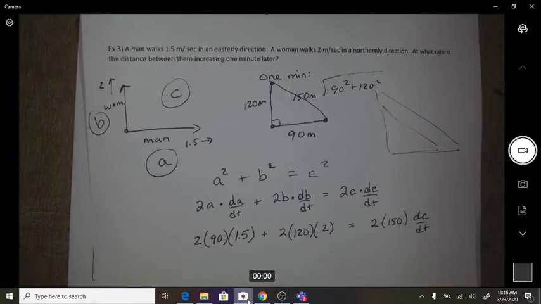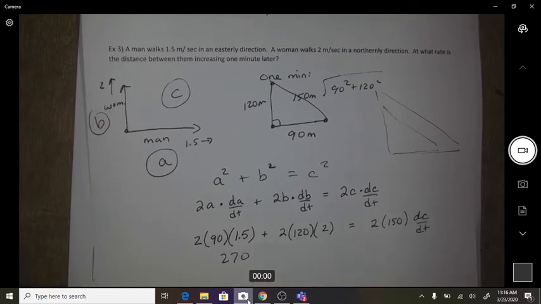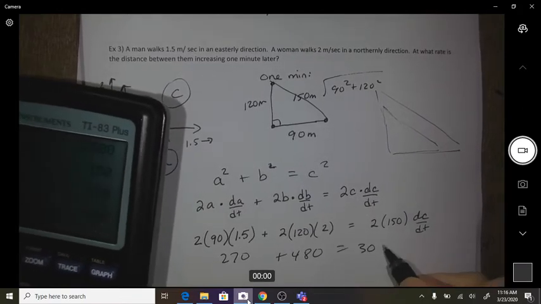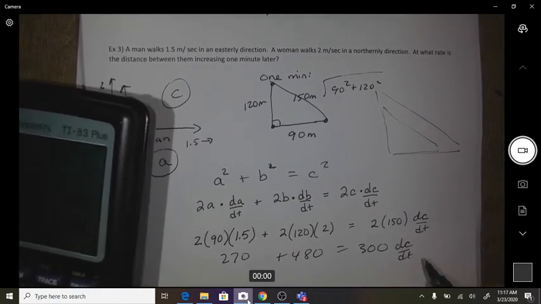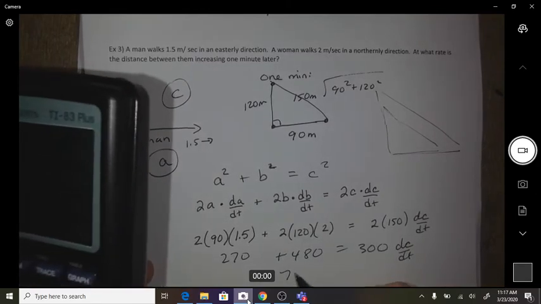Okay, so let's get some numbers here. So this is 270, 480, 300, so 750.